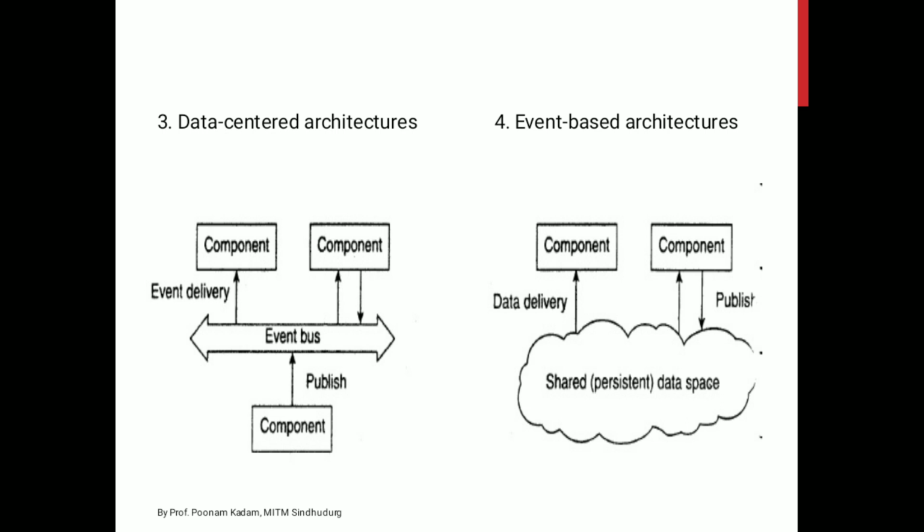In event based architecture, processes essentially communicate through the propagation of events, which optionally carries data as well. For distributed systems, event propagation has generally been associated with publish and subscribe systems.